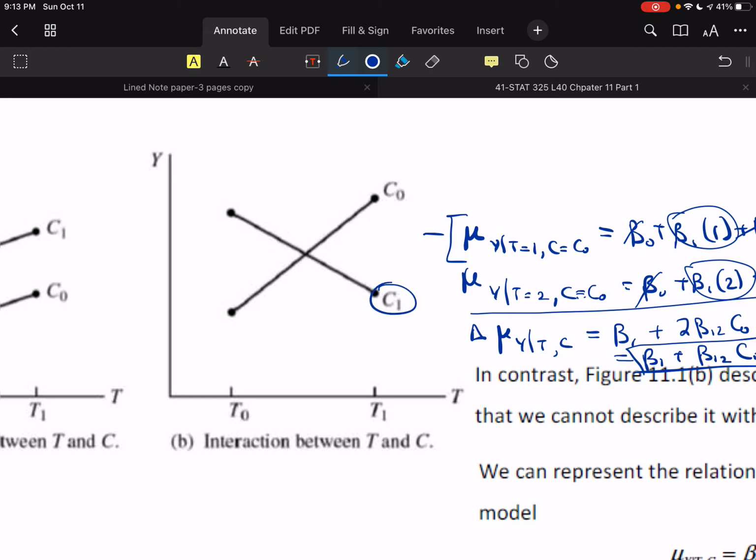So when c equals c1, as t increases from t0 to t1, y decreases.